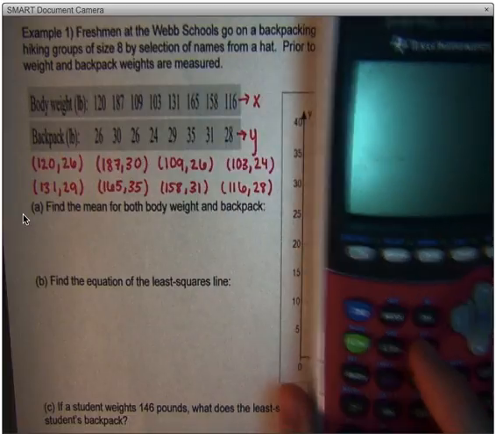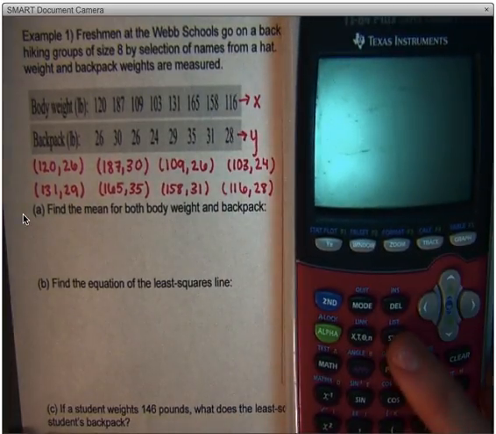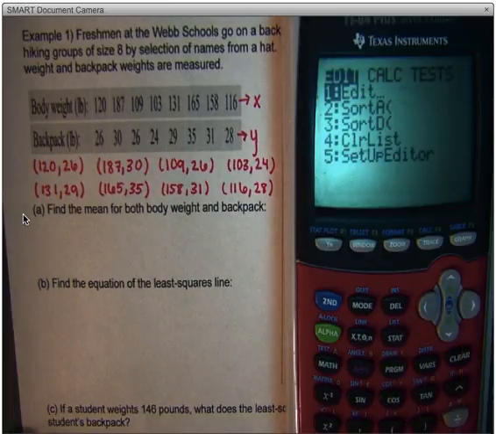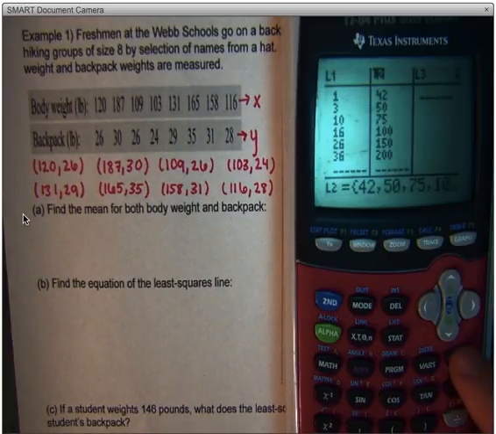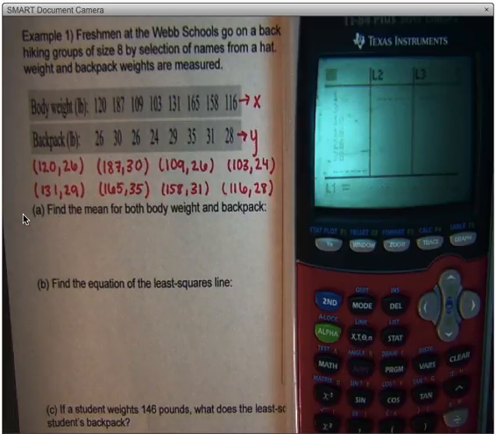We're going to enter the values into list 1 and list 2. So remember, to get to our list, we're going to go to Stat, Option 1, which should be Edit. So we should have a list 1 and a list 2. If there's something in there, go through and clear both. So under list 1, I'm going to enter all my X values.